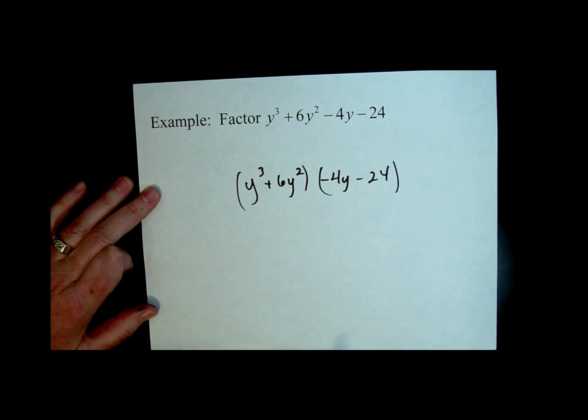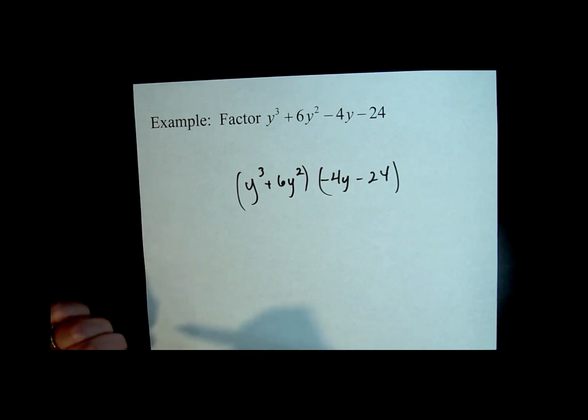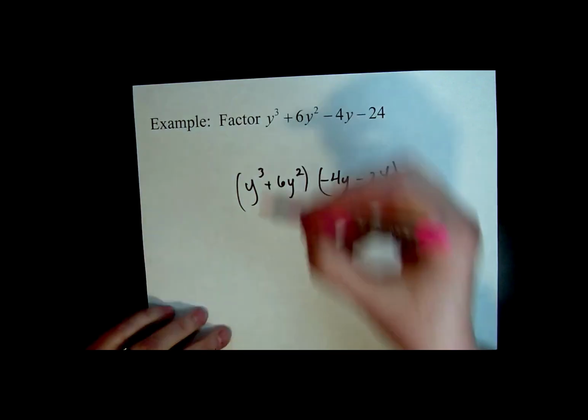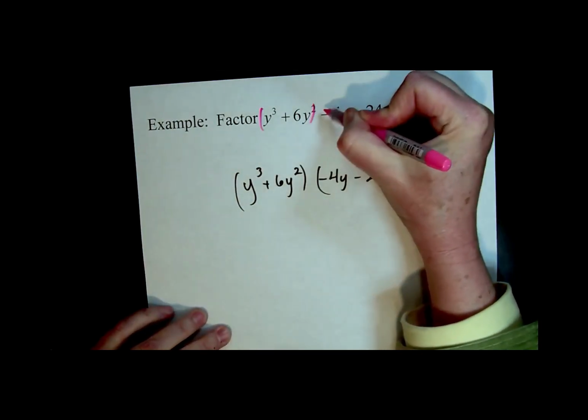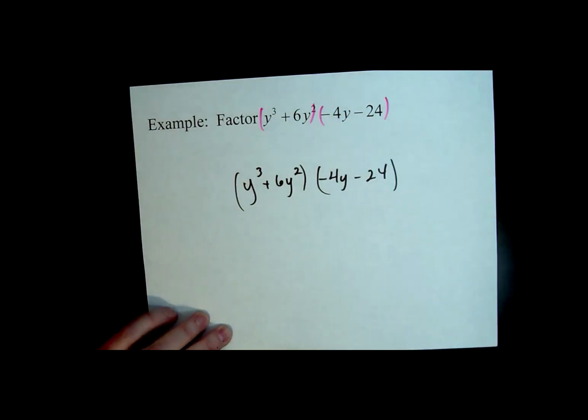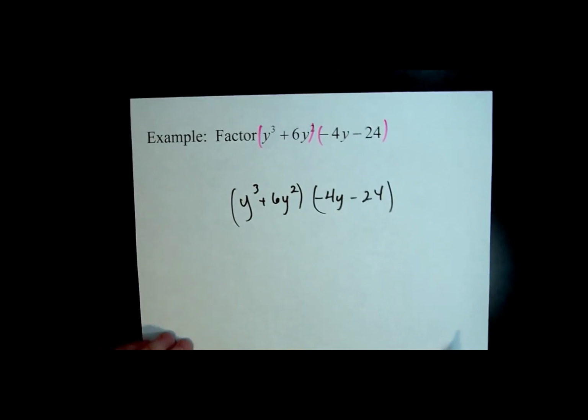And there's a problem with that. What's the problem? A lot of times people just start out by doing that, and I understand that because that's what I was doing in the previous problems.